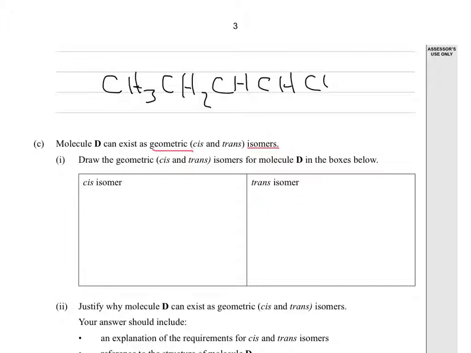somewhere. Okay, the other thing we know about in order to be a geometric isomer is you have to have different substituents or different groups coming off either carbon. So what they want us to do here is draw a cis and trans. Trans means across, so let's do the trans one first.